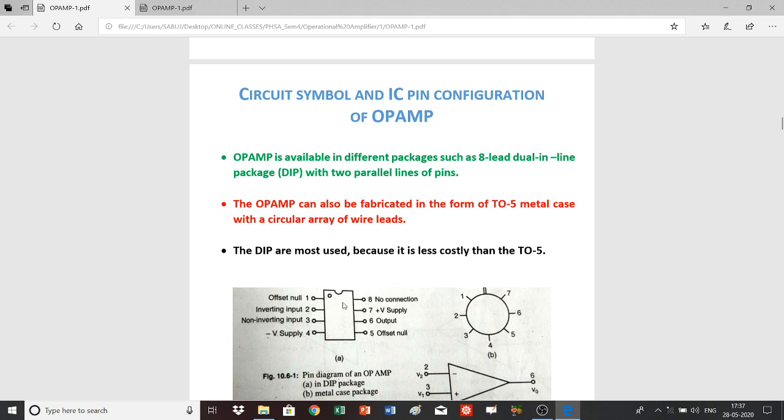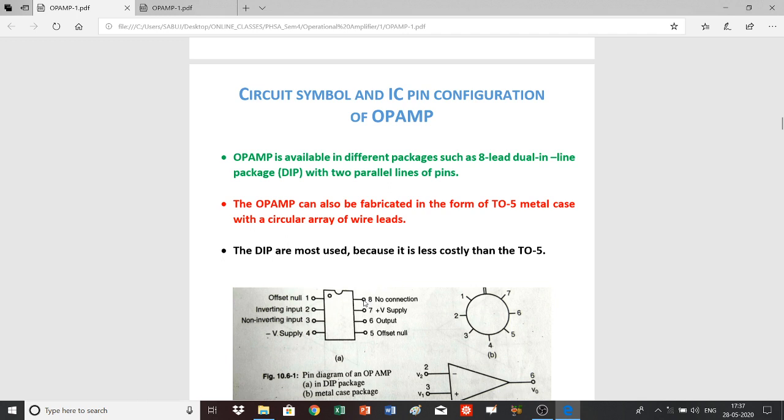And here this is the DIP op-amp. Here are two lines of pins, and this is the notch, or it may be a circle here, and this is the starting end, and the pin numbers proceed this way: 1, 2, 3, 4, and then from here 5, 6, 7, 8.